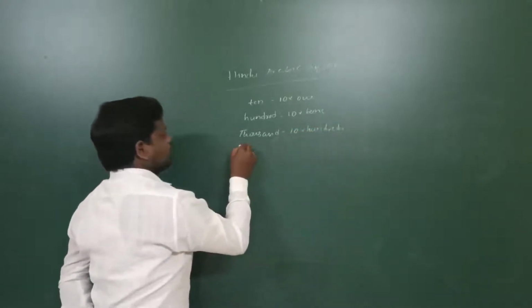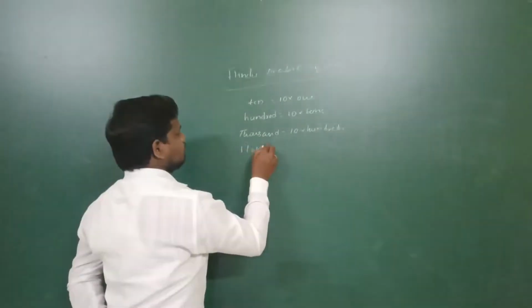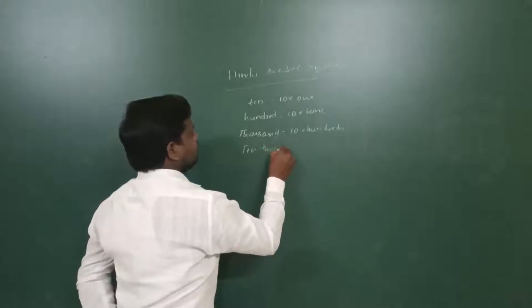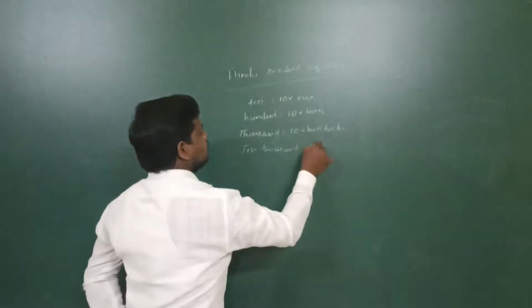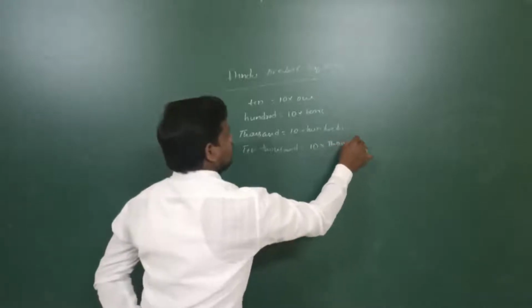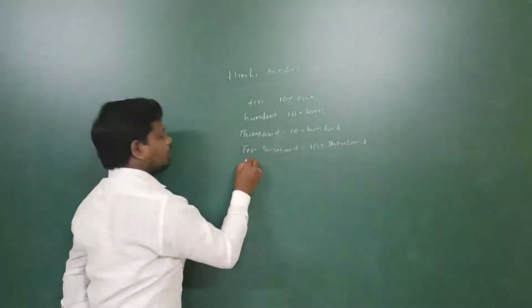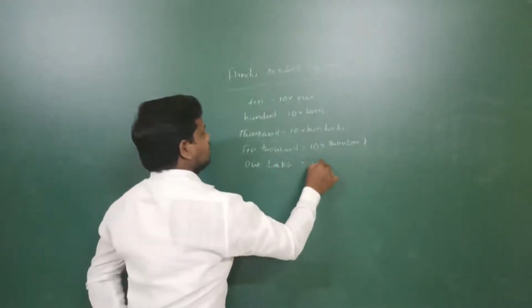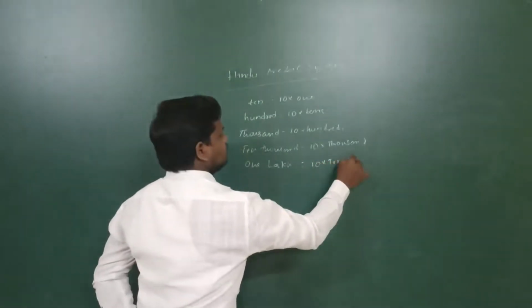Next, 10,000 equals 10 into 1000. Next, 1 lakh, so 1 lakh equals 10 into 10,000.